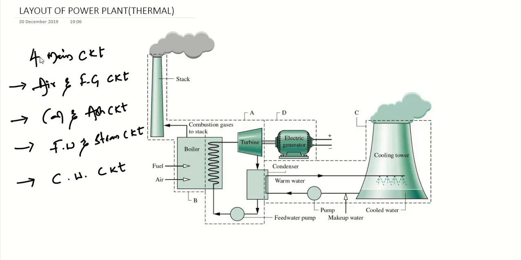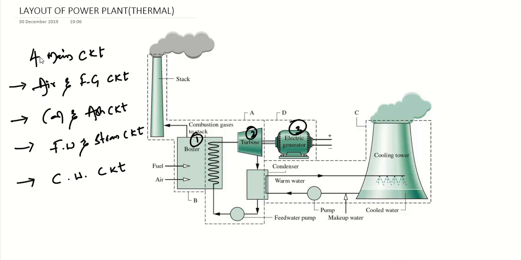A thermal power plant consists of three main parts. One, boiler; second, a turbine; and third, an electric generator. Now coal is fed into the boiler for combustion with sufficient air for that combustion.